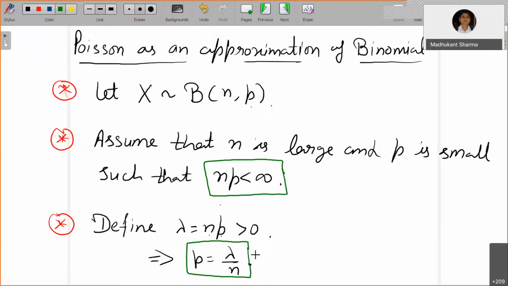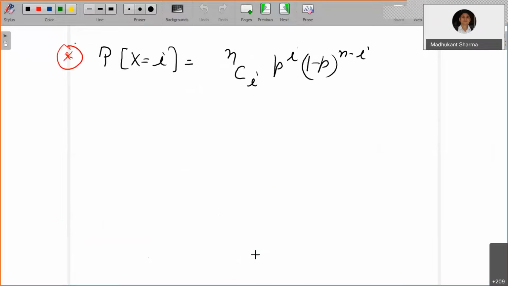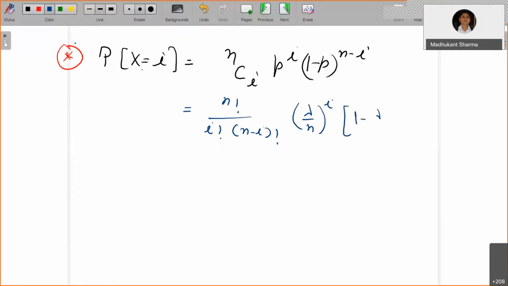Right. Now let's try to see the distribution. The PMF of the binomial random variable, the probability that X equals i for each i, is given by this. I'm going to open it up: n factorial divided by i factorial times (n minus i) factorial, times lambda by n to the power i, times 1 minus lambda by n to the power n minus i.